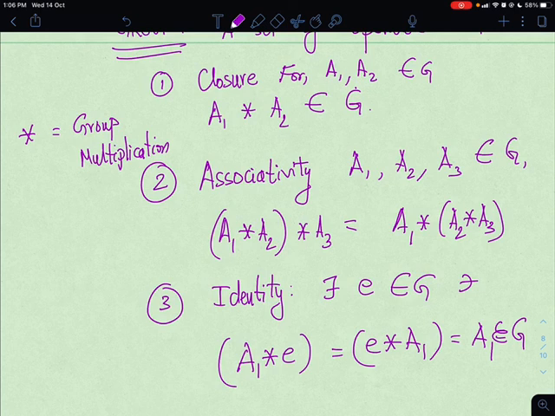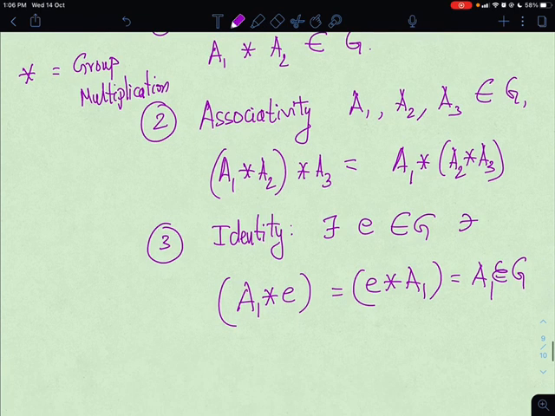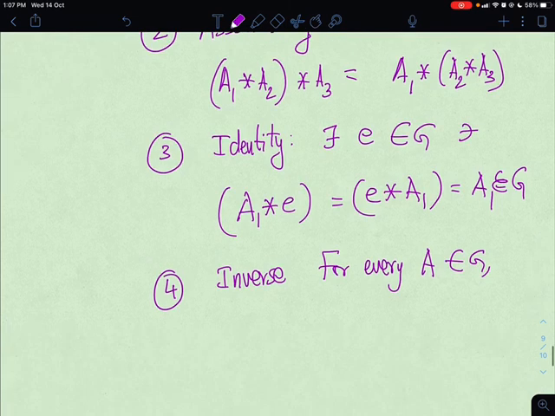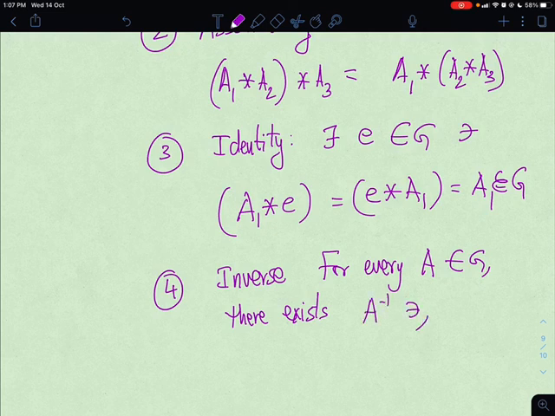E is the identity element of the group G. Then there is something called the inverse, such that for every A1 belonging to G, there exists A1 inverse such that A1 star A1 inverse belongs to G.